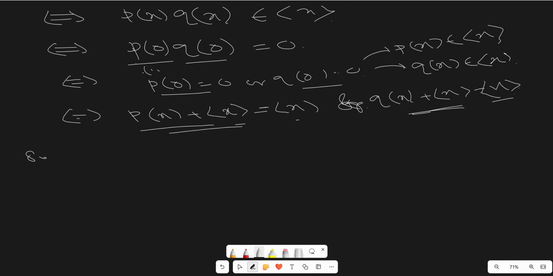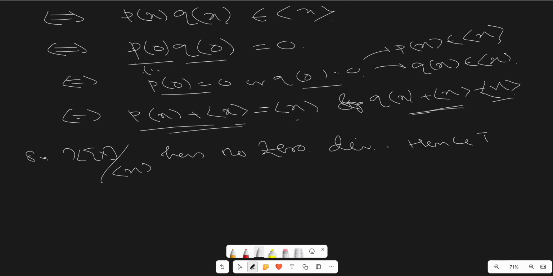So this Zx quotiented by the ideal generated by x has no zero divisor, hence it is an integral domain.